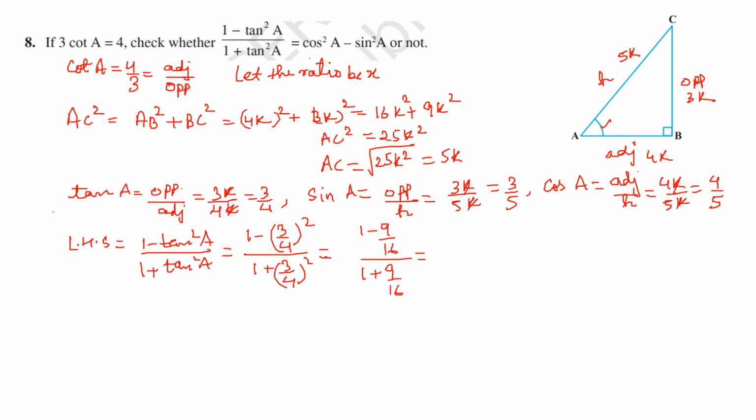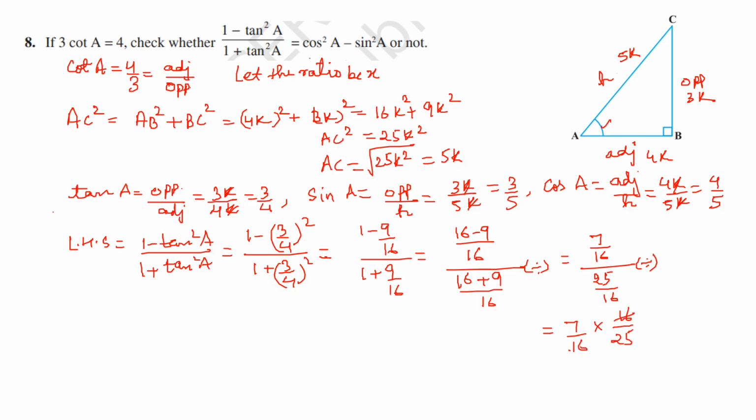So take 16 LCM in both numerator and denominator. It is 16 minus 9 by 16 divided by 16 plus 9 by 16. Now this is division, right? So 16 minus 9 if you do, you are going to get 7. So 7 by 16 divided by 25 by 16. Now this is division here, so do the reciprocal. So 7 by 16 into 16 by 25. 16 cancel.